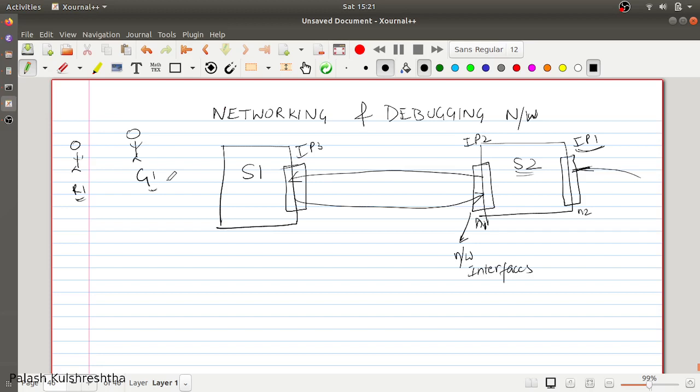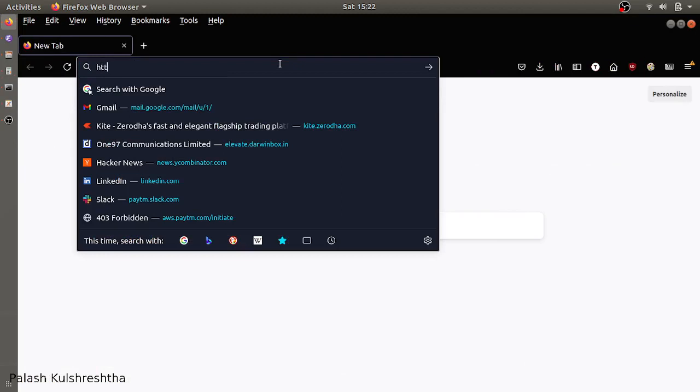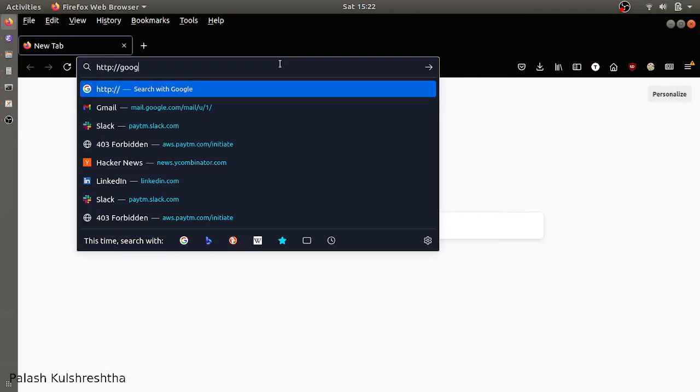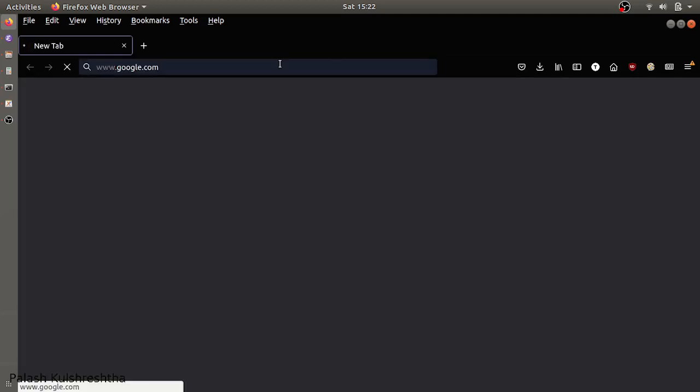You must have heard about HTTP, HTTPS, SSH. These are all ways to interact with servers. For example, if I want to fetch something from google.com, what I have to do is type http://google.com, and it is this.